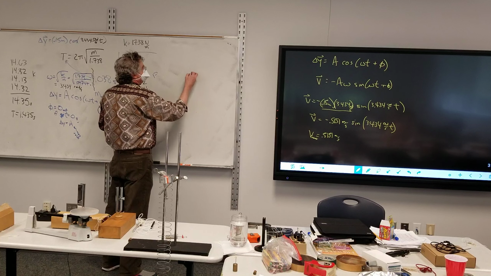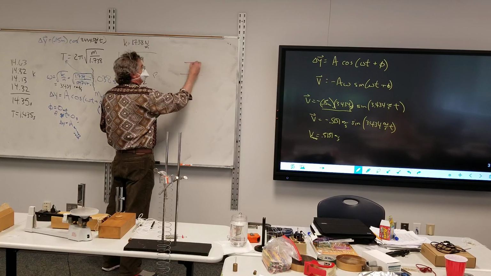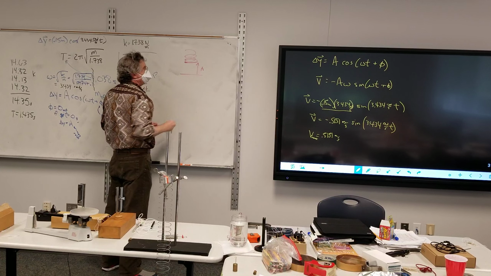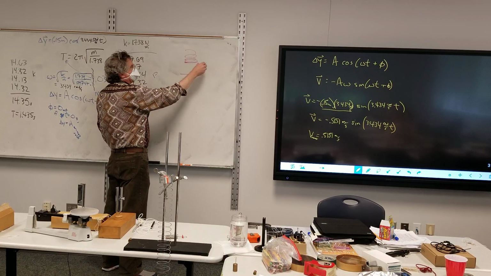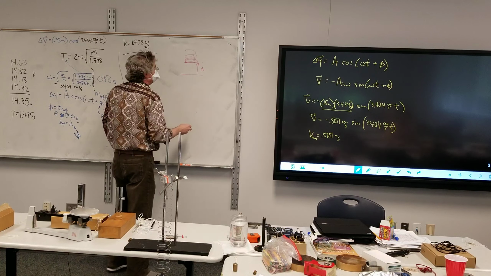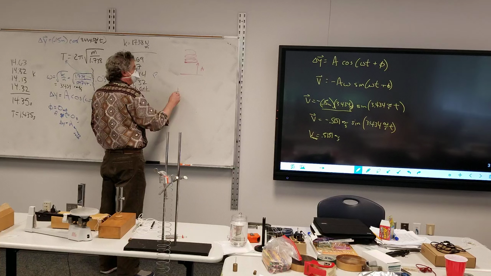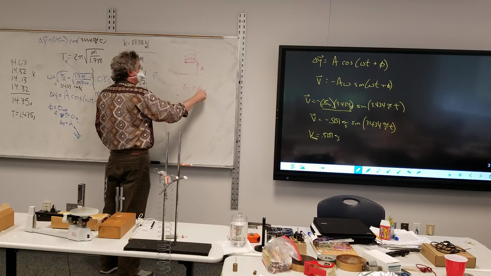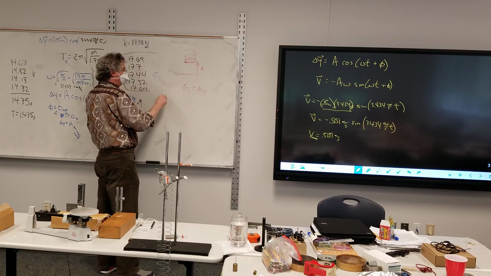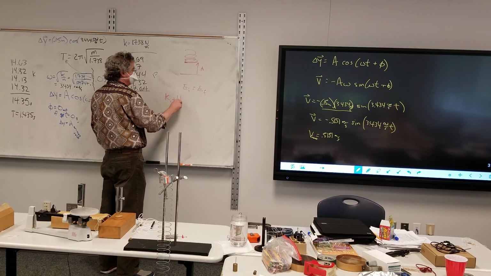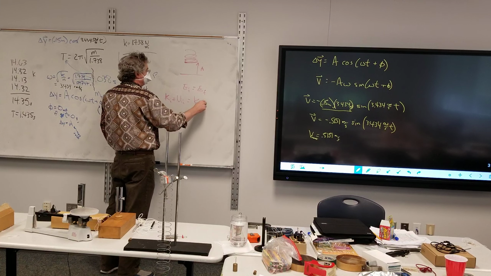I started out at some initial amplitude from equilibrium. At this point, it's all potential, because it's not moving yet. Energy is conserved: energy initial equals energy final. So K initial plus U initial equals K final plus U final.